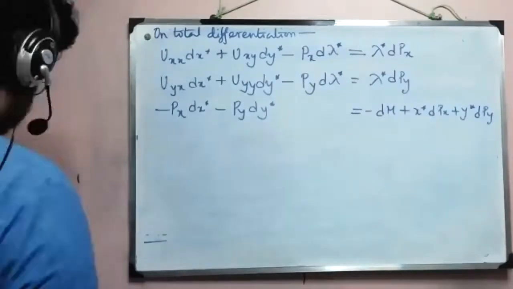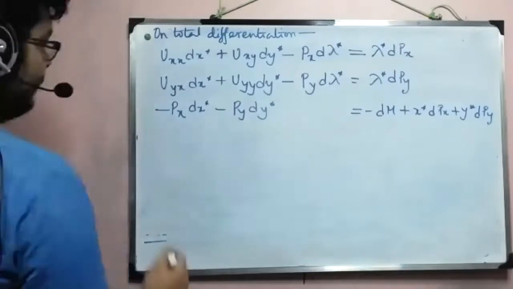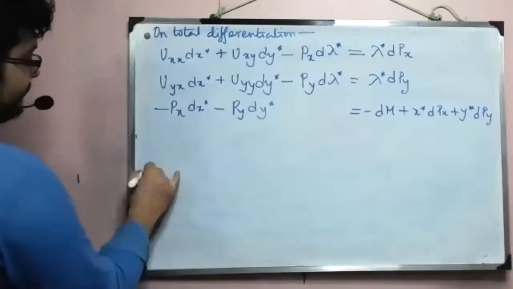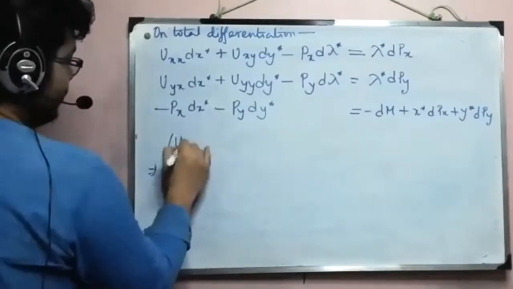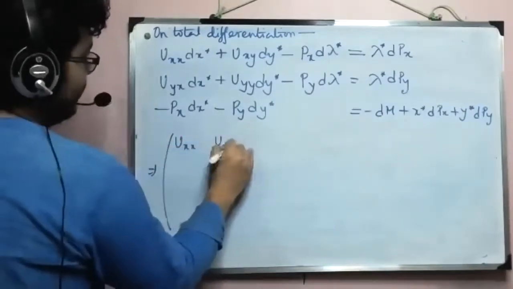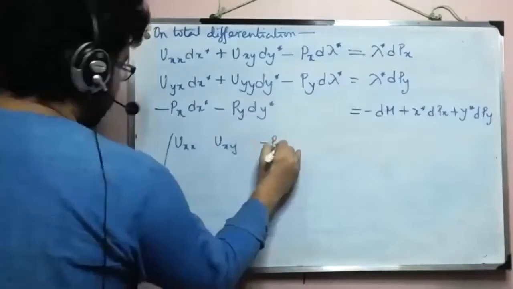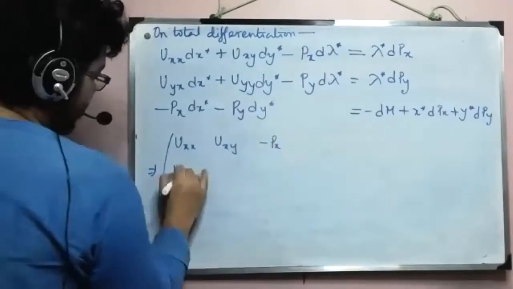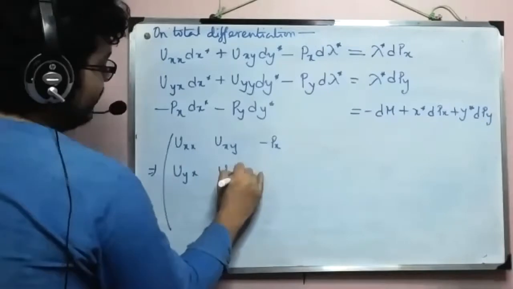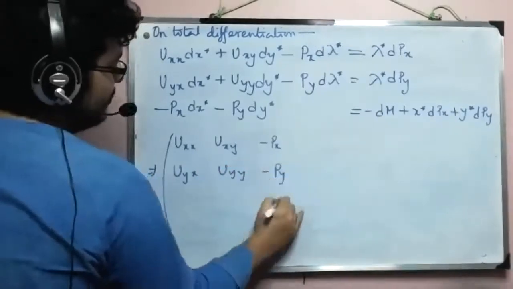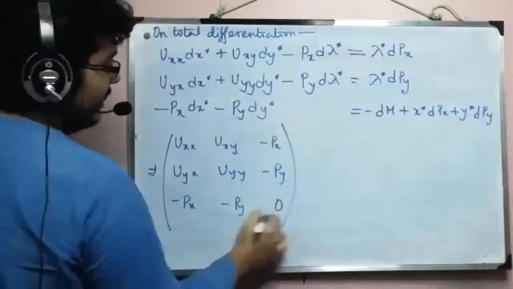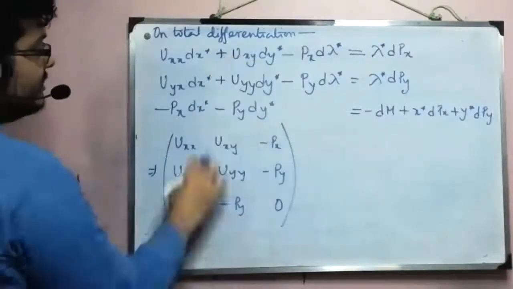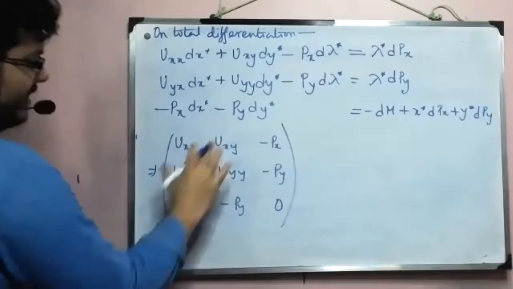The next step is to write them in matrix form. So let's just do that. So uxx, uxy minus px, and this we know, right? We have got this earlier also. So even without looking, we can write it. Okay, without looking at these lines, right?